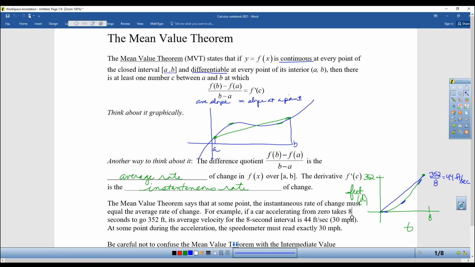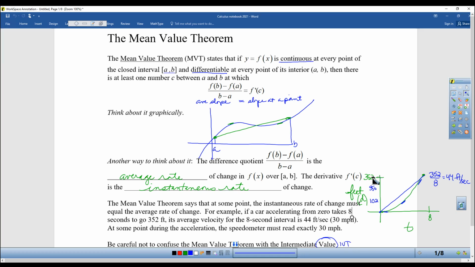It is not to be confused with the intermediate value theorem. Remember this one, IVT? It's easy to do, but the mean value theorem has to do with the average slope being equal to the slope at a point. The intermediate value is just its y value. So at some point you were 0 feet, and then you got up to 352 feet away. At some point you were 350 feet away. At some point you were 102 feet away.